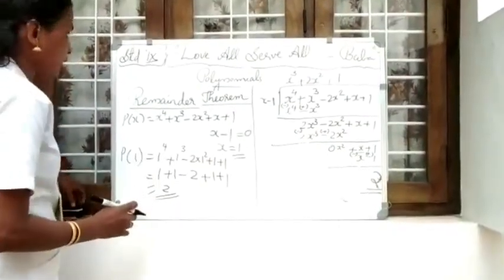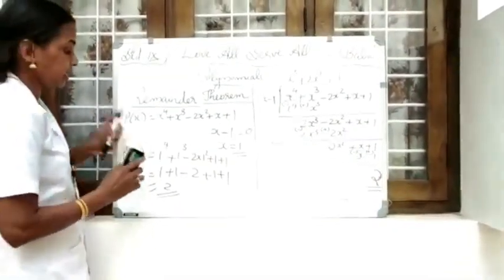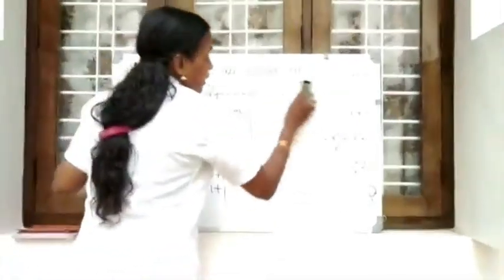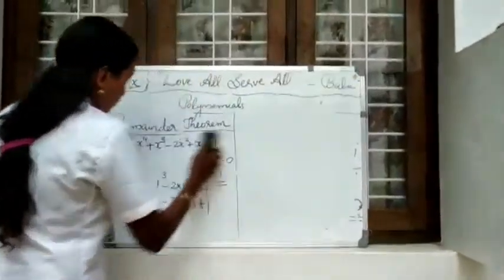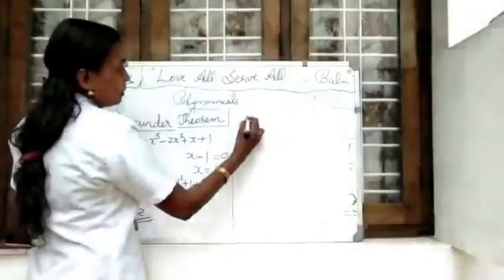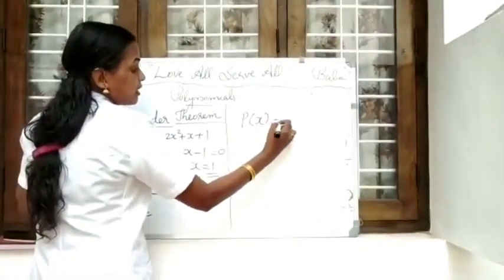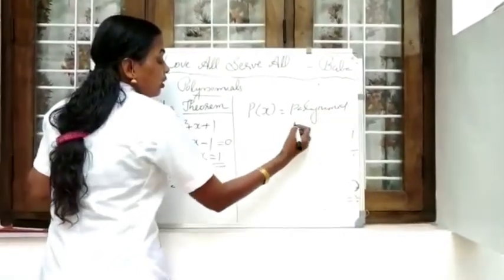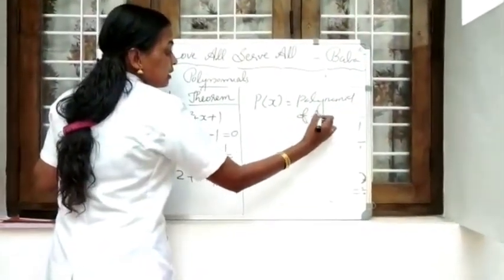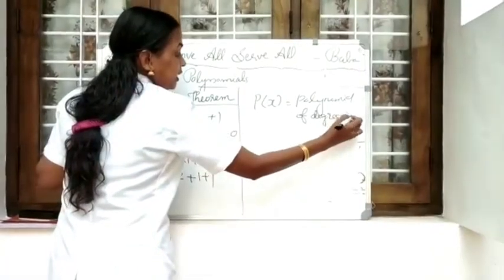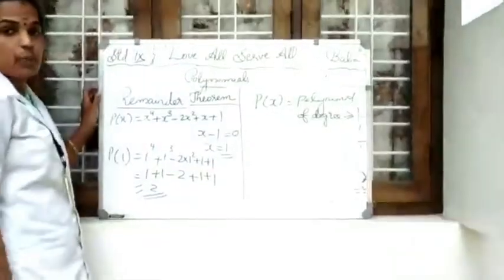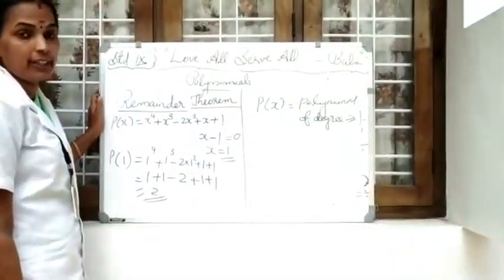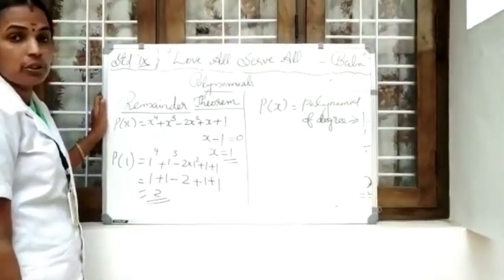Here comes the remainder theorem. What is the remainder theorem? Let p of x be a polynomial of degree greater than or equal to 1.